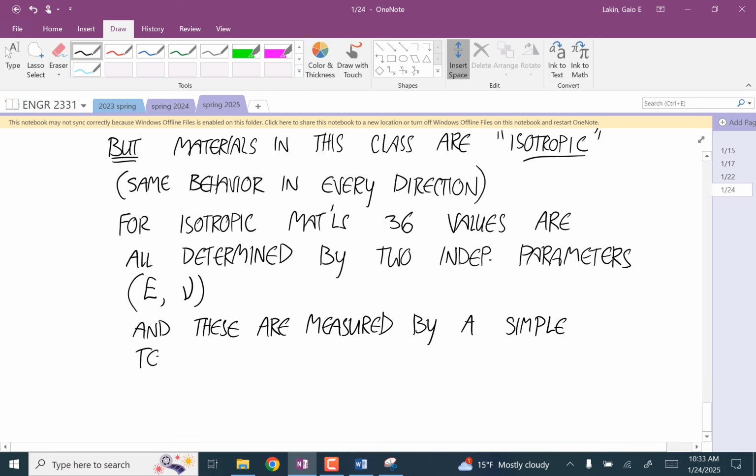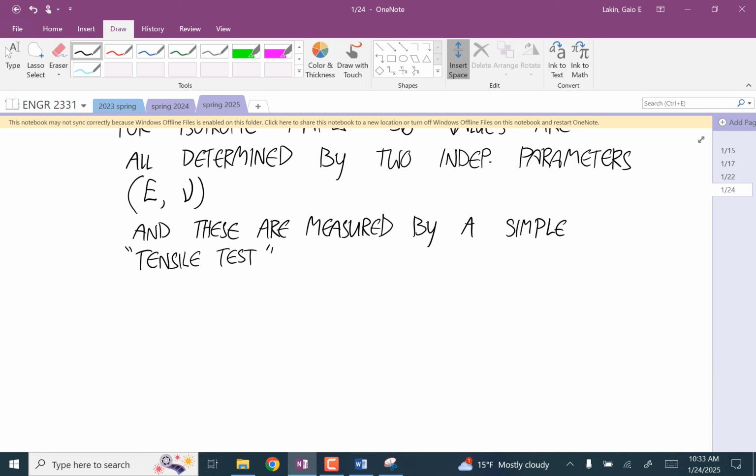So, okay, this test is called a tensile test, and I'll talk more about that pretty soon. Okay, so let's talk about what these two values are. And then by the end of today, I'll give you the form of this matrix. It's already in your notes from a while ago, but okay, so E. People call it three different things.